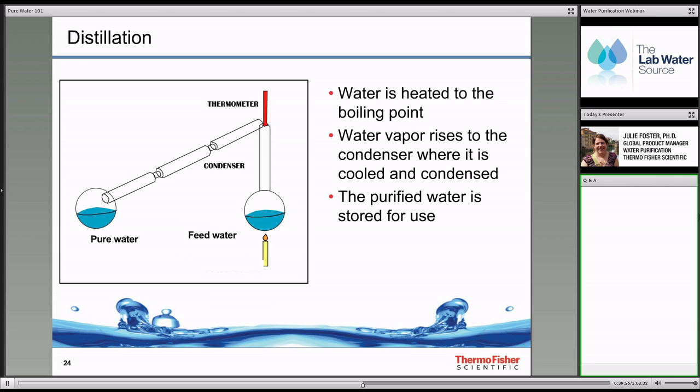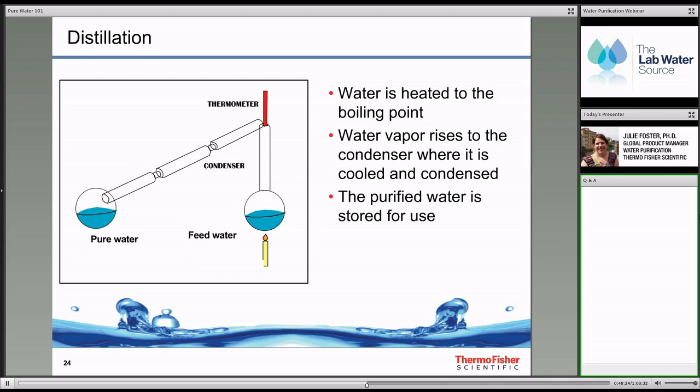So there's benefits and challenges with a distillation unit. The benefits are there are no filters to change, and you can completely shut the system down during the summer. And so we tend to find customers who are most interested in stills in secondary ed, high schools, community colleges, that need to shut the system down for the summer because it's really very easy to do.